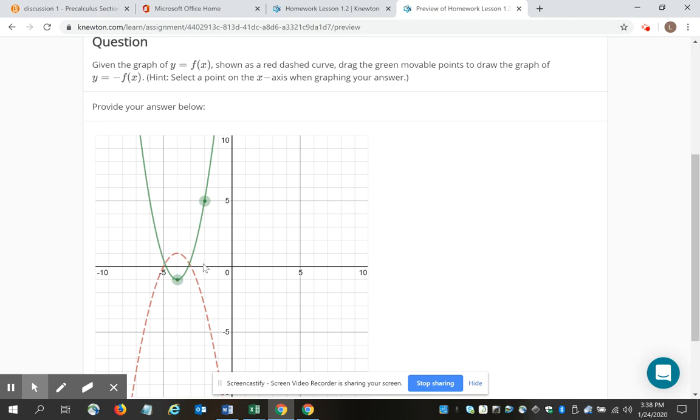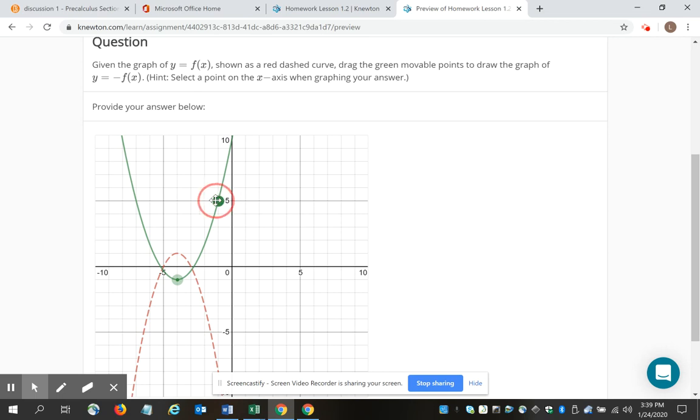Let's see if we can pick us another point. Yeah, that looks pretty good. If we look at this point here, we're at -2, -3. So -2, maybe we should come out just a tad more. Just a tad. Whoops, went too far.